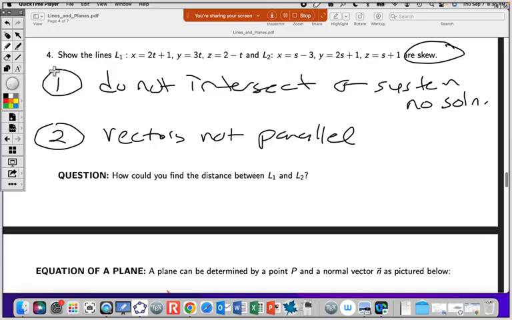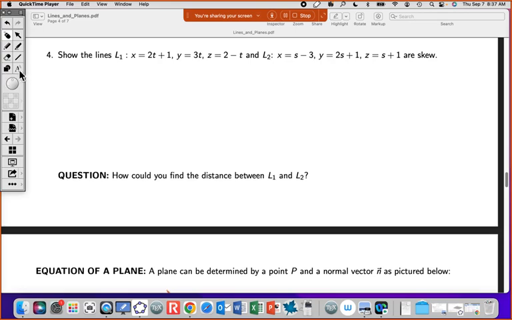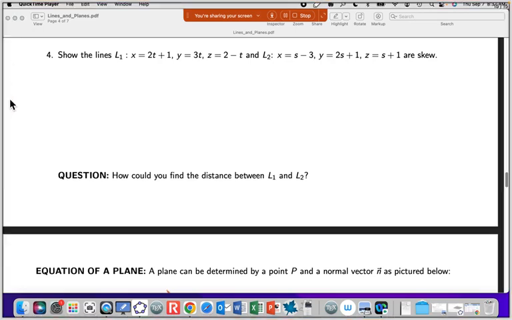I'll leave the algebra to you, since we've already done a couple of these over the past couple of days. But let's show how the vectors are not parallel. You have to show the vectors are not scalar multiples of each other. So we'll do that part of it.